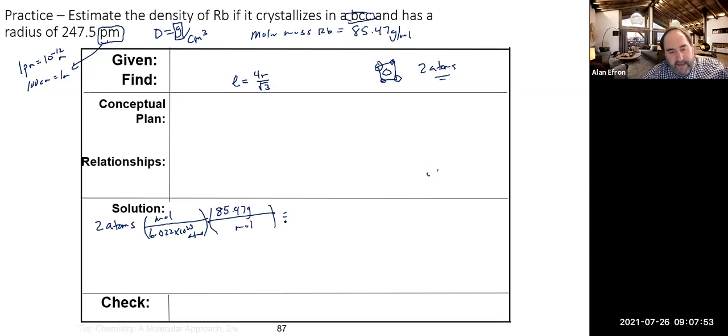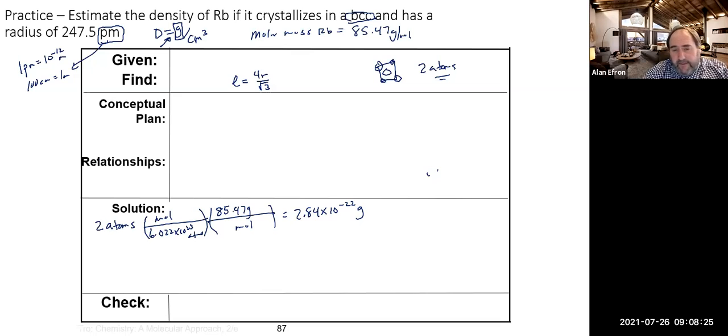That is 2 times 85.47 divided by 6.022 times 10 to the 23, which gives 2.84 times 10 to the minus 22 grams. So that gives us our top part. Any questions on that calculation?